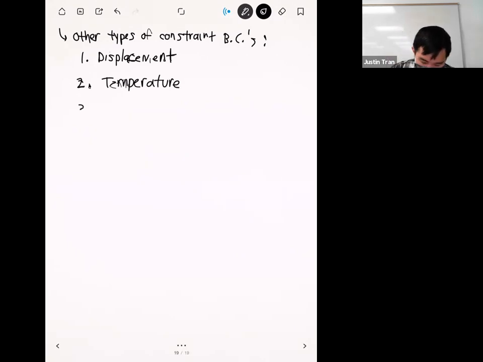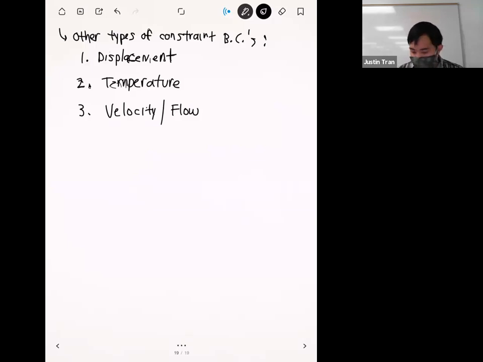Okay? And then for fluid simulations for CFD, your constraint type boundary conditions will be like velocity or flow. And so this concept of constraints, even though the term constraint has a much more structural flavor to it, the same concept will apply to your thermal simulations and your CFD as well.